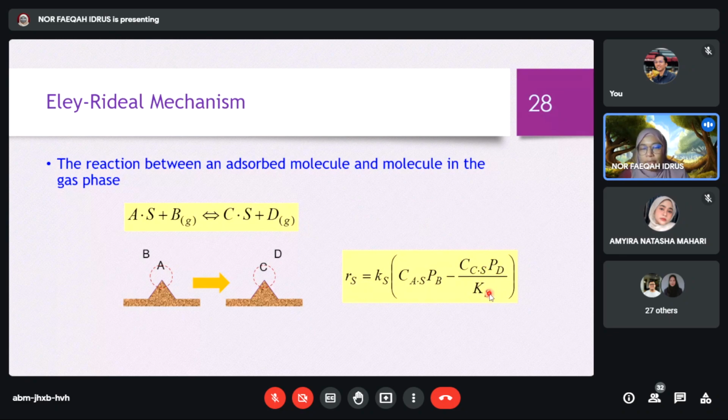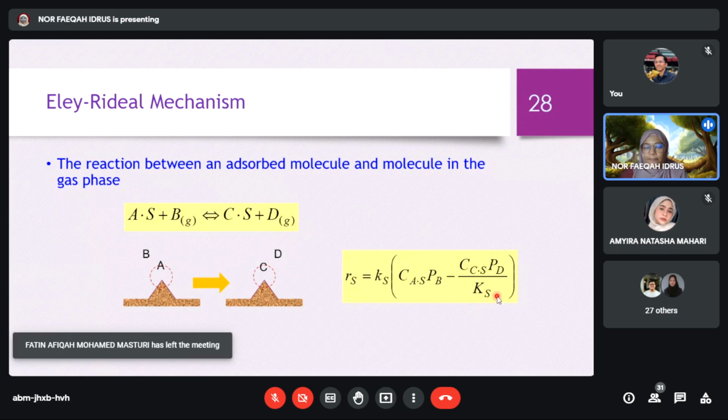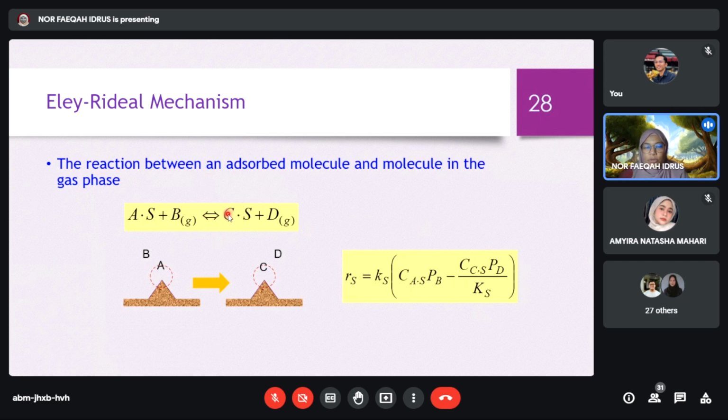Okay, but if the reaction only produces one product, which is C, so the mechanism will become A dot S plus B, gas phase, reversible reaction to produce product C dot S. So maksudnya produk tu the adsorbed species.